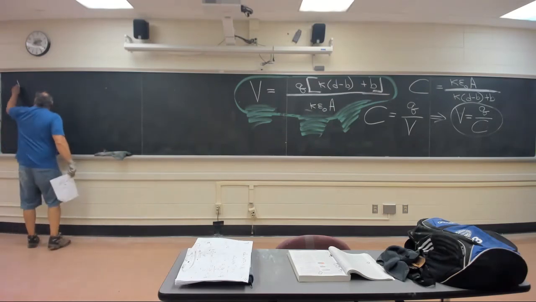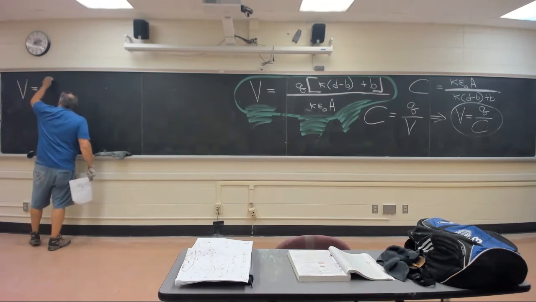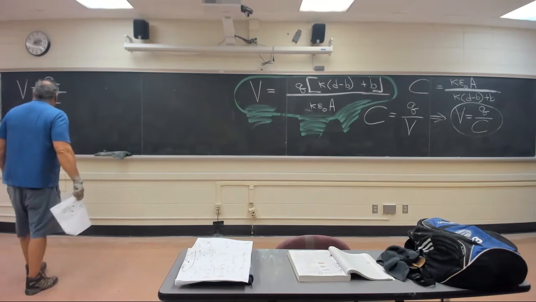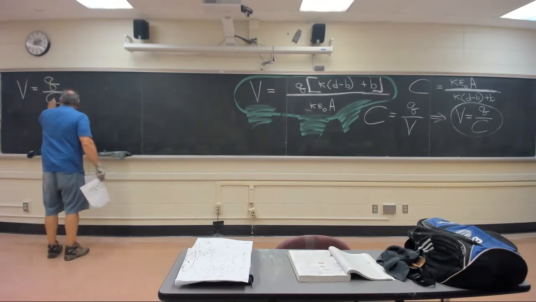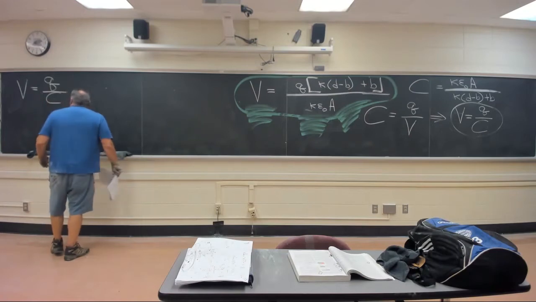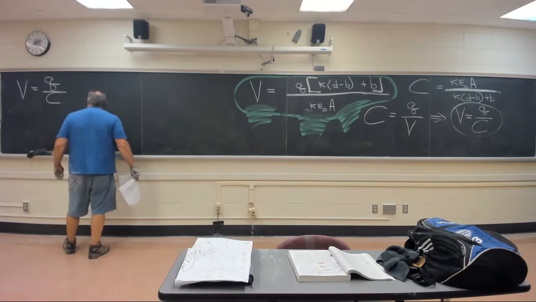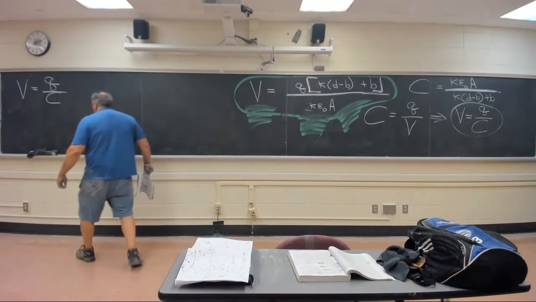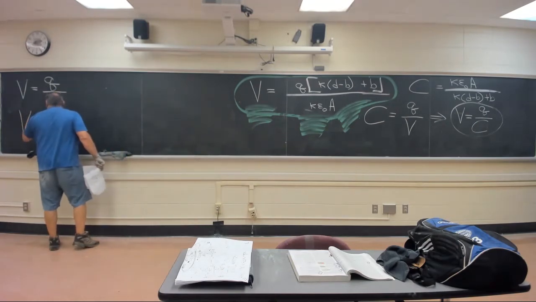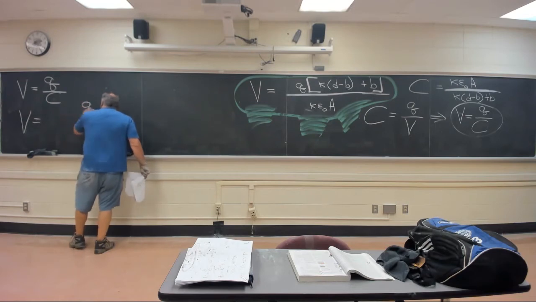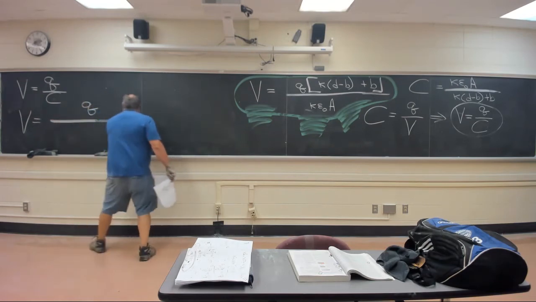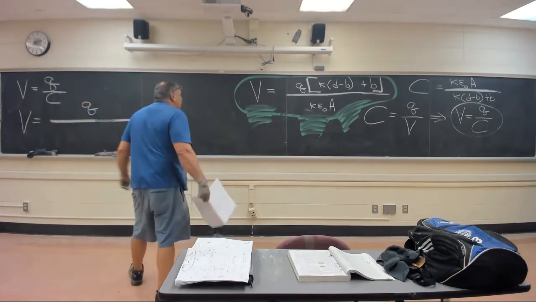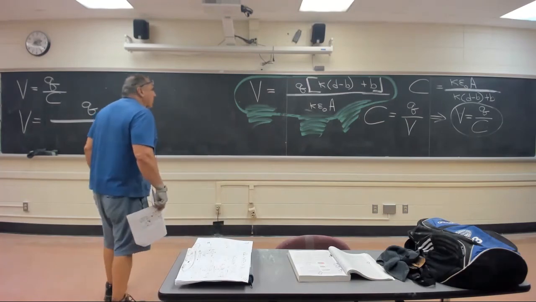If C equals Q over V, V is going to equal Q over C. What does that mean? It means exactly what you're looking at. We have the Q, and the Q is the same. Q doesn't change, divided by the equivalent capacitance.